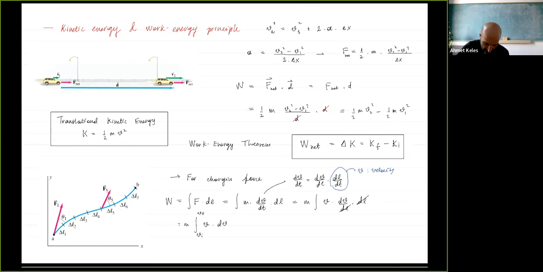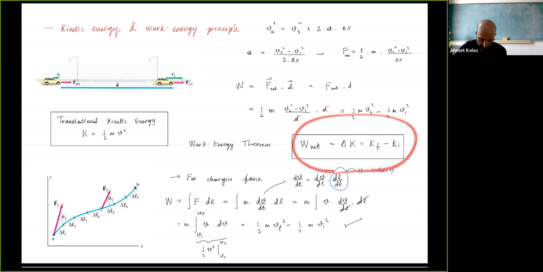This is an elementary integral: 1/2 v squared with limits vi to v final, which gives 1/2 m v final squared minus 1/2 m v initial squared. This is exactly what we wrote here, the work energy theorem. So the work energy theorem is valid whether you have a constant force or changing force.